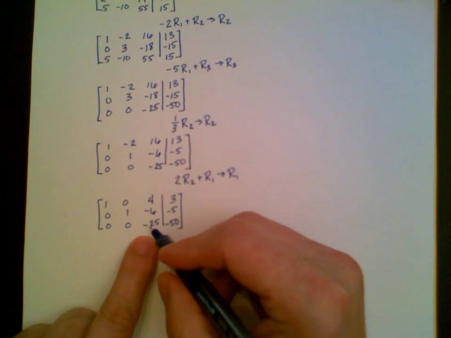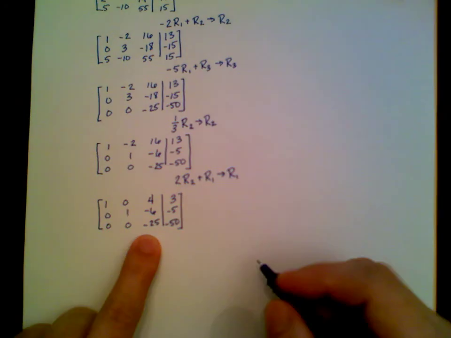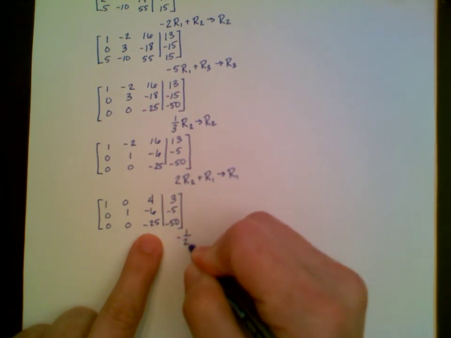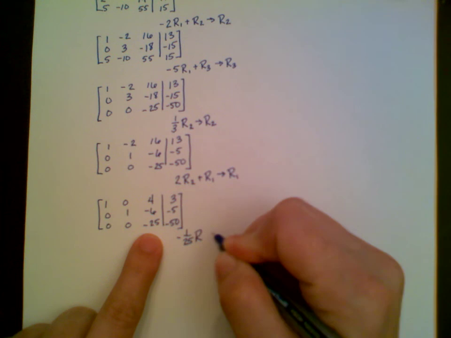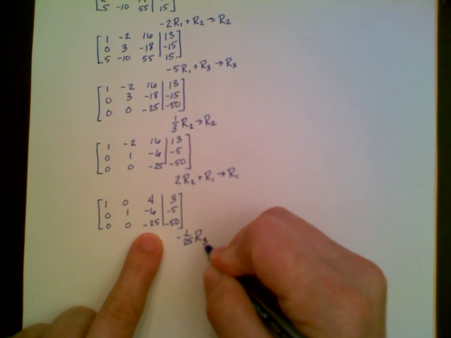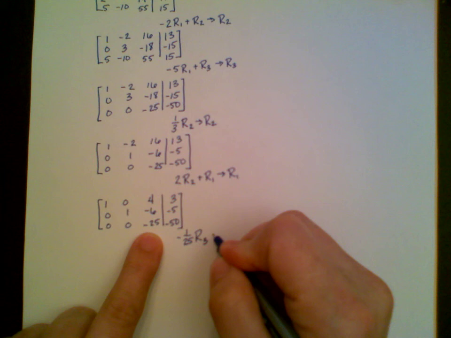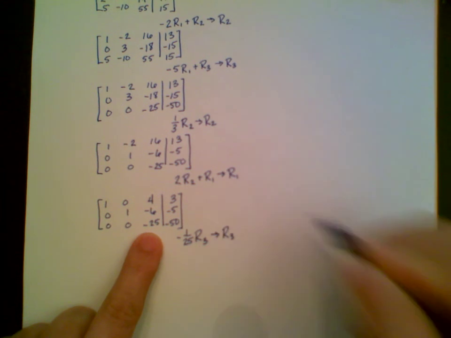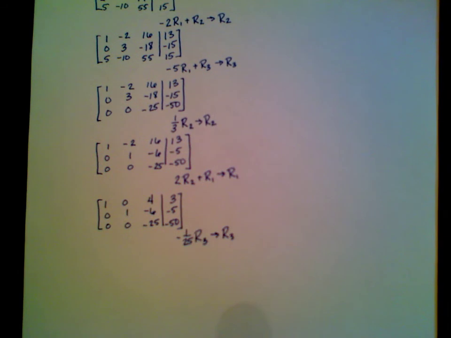So the best way to change that negative 25 into a 1 is to multiply by negative 1/25. You can always get to a 1 by multiplying by the reciprocal. Or I should say that works for any number but 0 because 0 doesn't have a reciprocal.